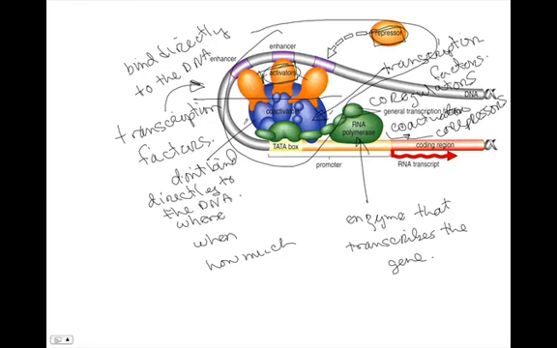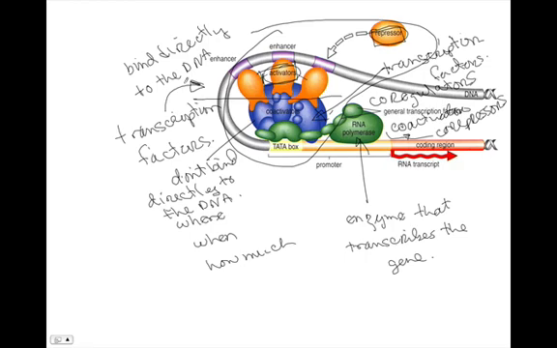So all these proteins are transcription factors. We've got activators and repressors that bind to the DNA, and then these co-regulators that don't bind directly. How do the co-regulators get to the gene? They bind to the tails of the activators and repressors.